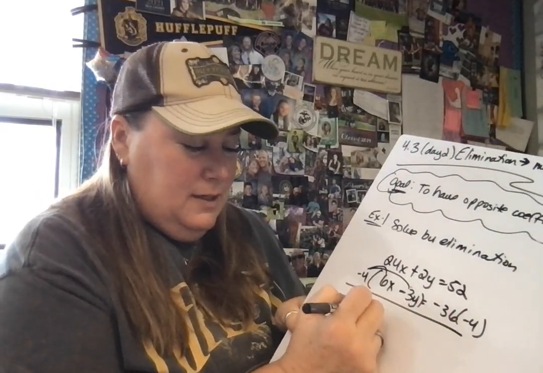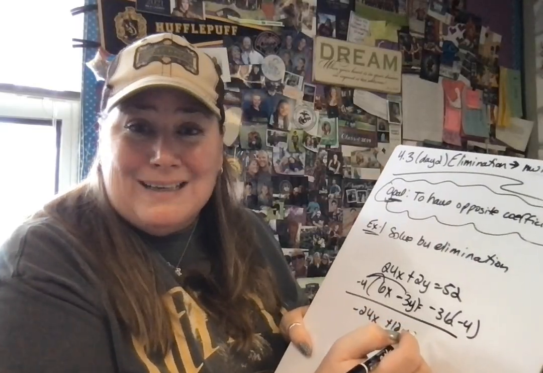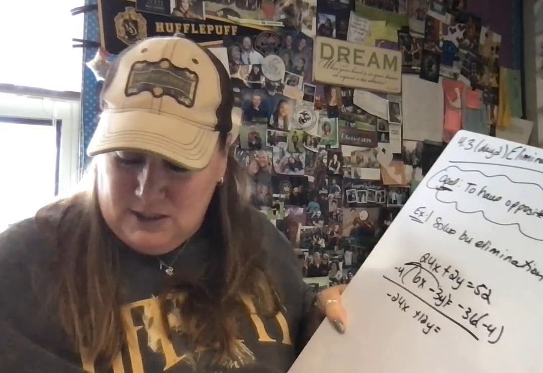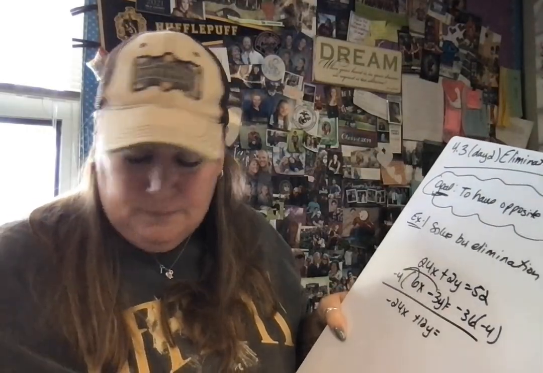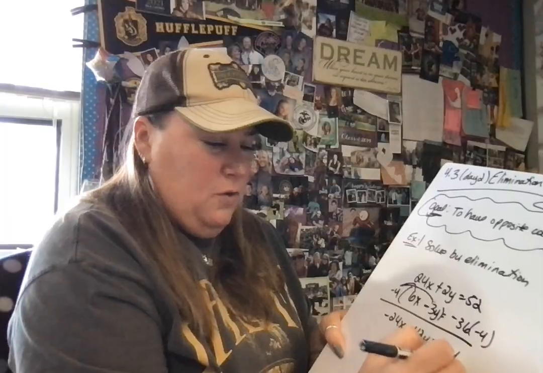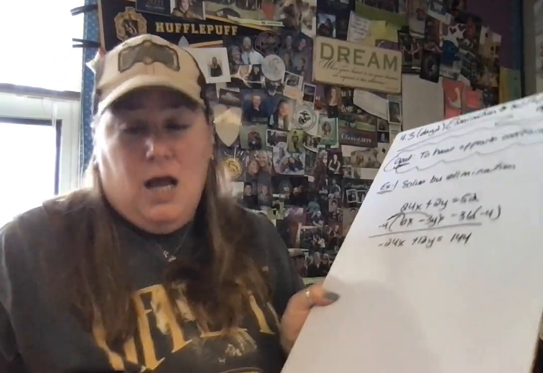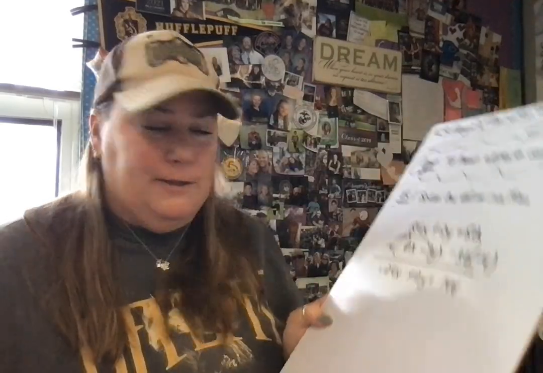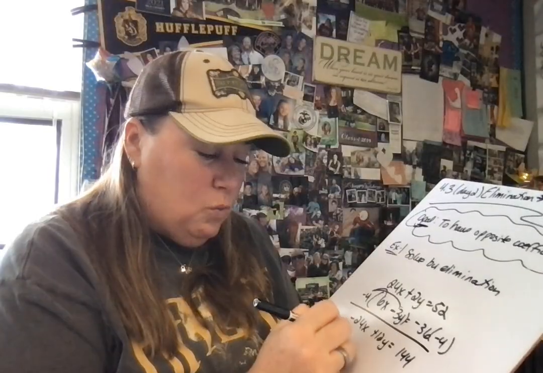Multiply it out. Negative 24x plus 12y, watch your signs, equals 36 times 4. Okay, so it's going to be 144. Ooh, we got some big numbers here. That's okay. That's why you want to use your calculator. Rewrite this other one underneath. Do not ever work up.